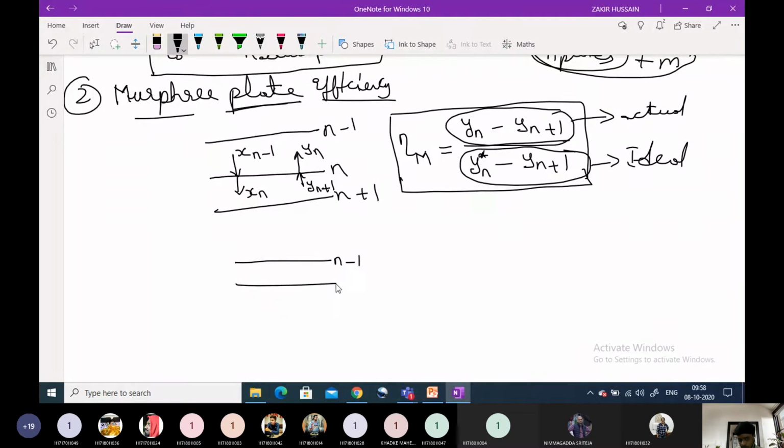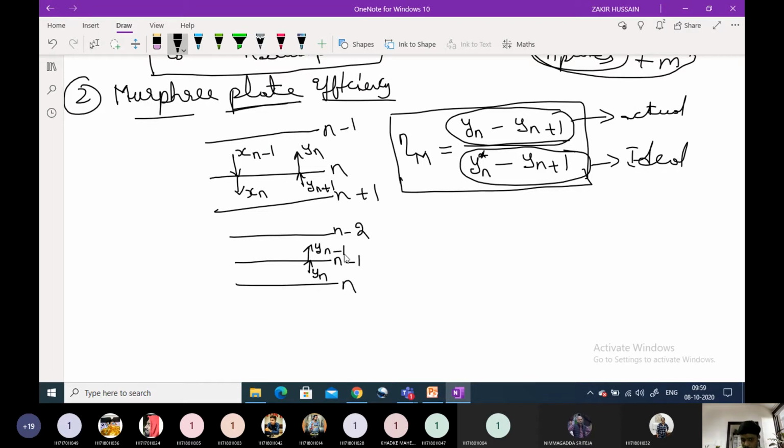How can we calculate it? The bottom plate is n and the top plate is n minus 2. The vapors are coming from the bottom to top, and we denote the vapor mole fraction by y. From the nth plate the vapor yn comes to the n minus 1 plate, and from this n minus 1 plate the vapors leave from bottom to top.